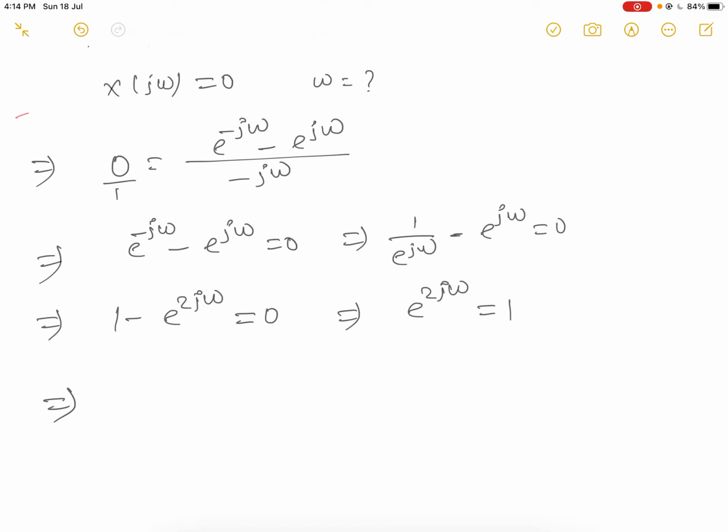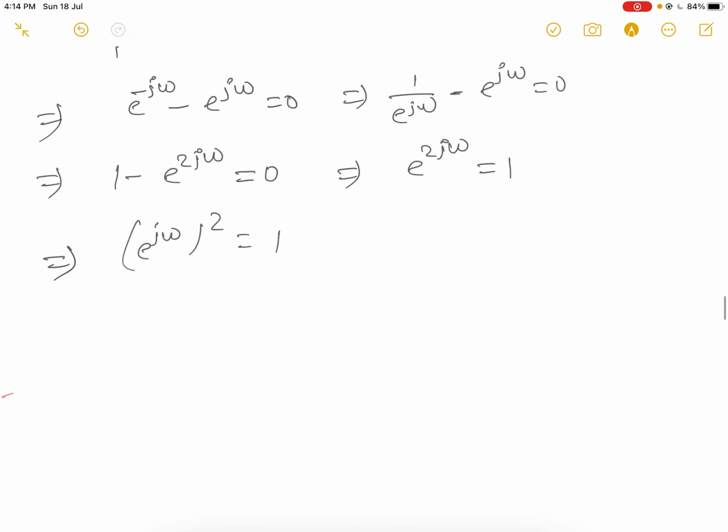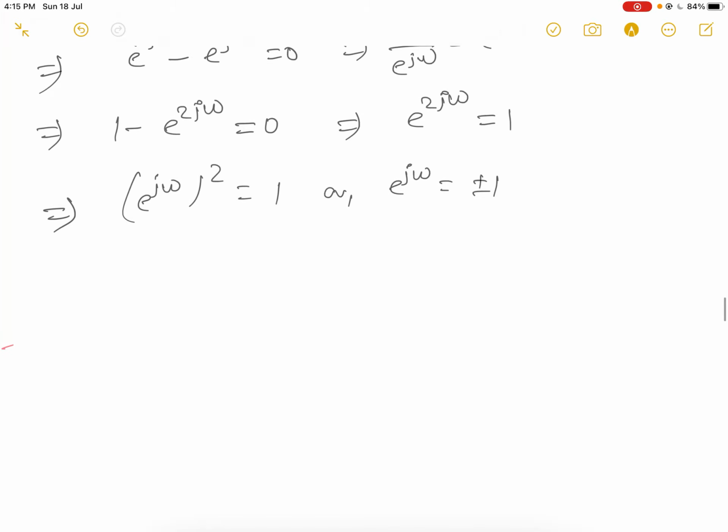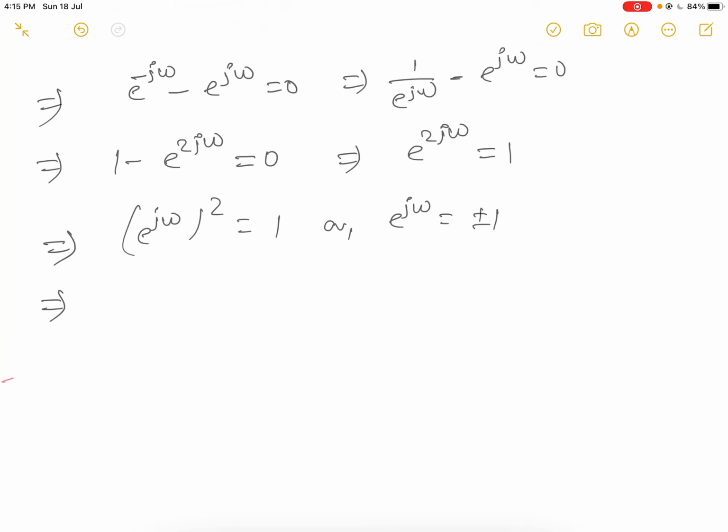Now simplify it. Here e to the power j omega whole square is equal to 1, or we can write e to the power j omega is equal to plus minus 1. Now check where we get plus minus 1. According to Euler's formula, e to the power j omega is cos omega plus j sin omega equal to plus minus 1.